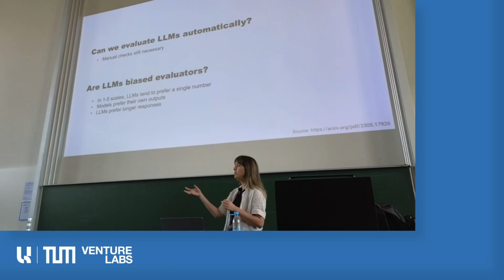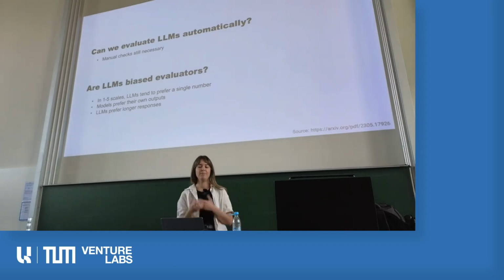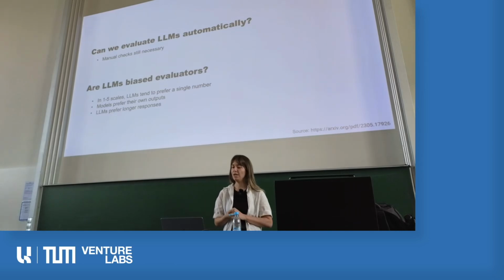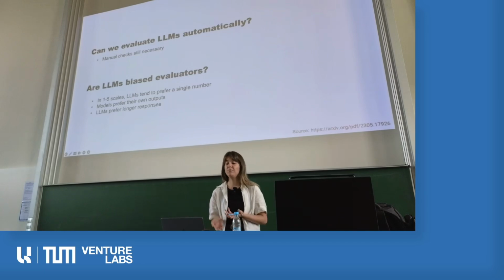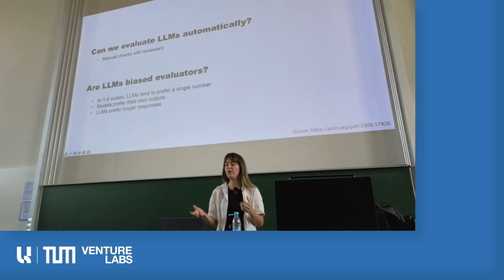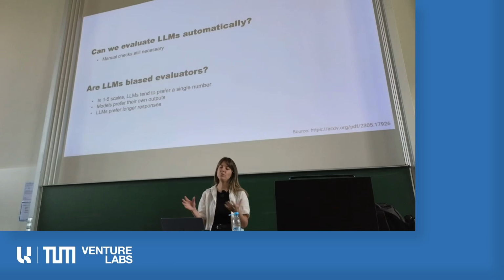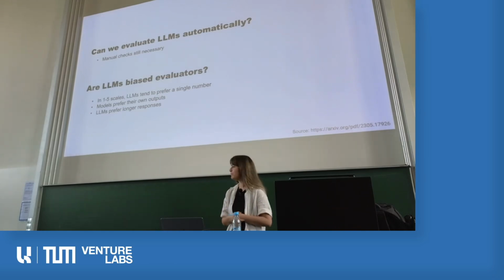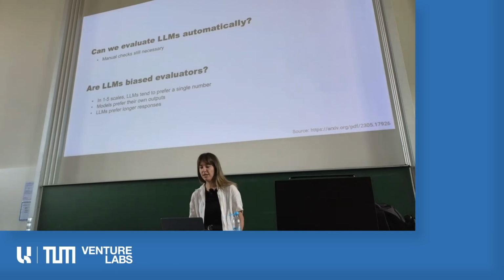So you have humans as labelers, which can be biased, but the LLMs can also be heavily biased. Some research papers mention that, for example, LLMs tend to prefer single numbers, models prefer their own outputs, and they prefer longer responses. So these are what they can be biased towards, but from my own experience, it's hard to control the bias when the humans are biased as well.